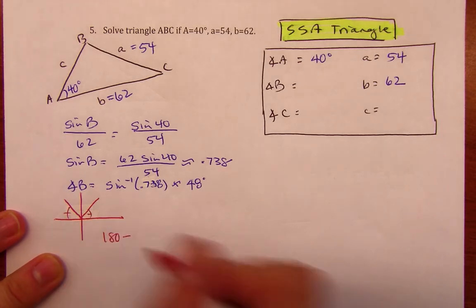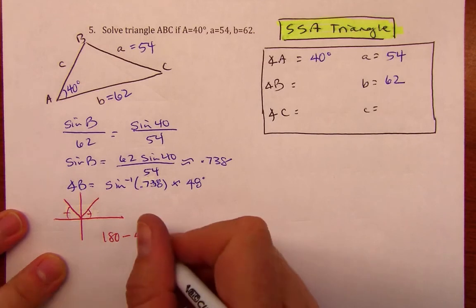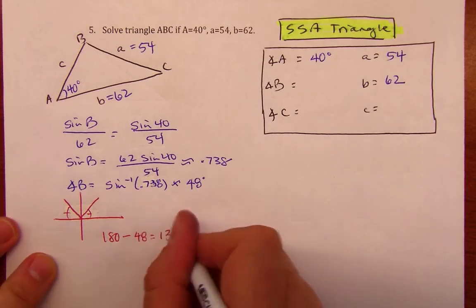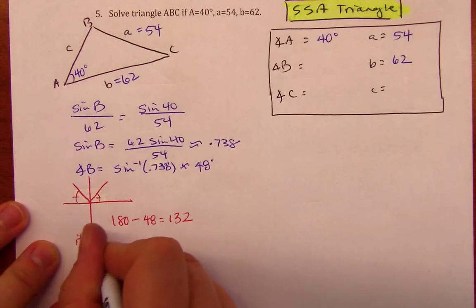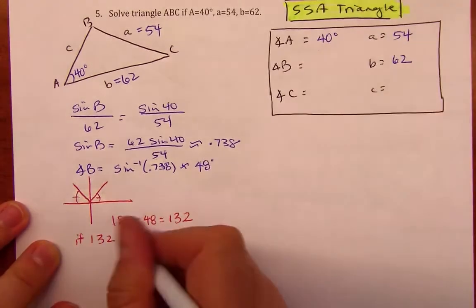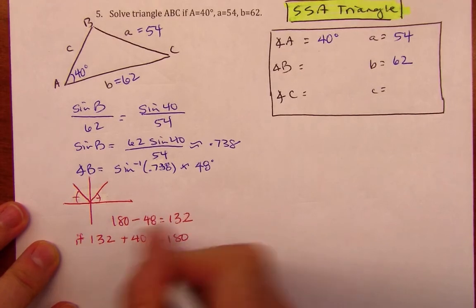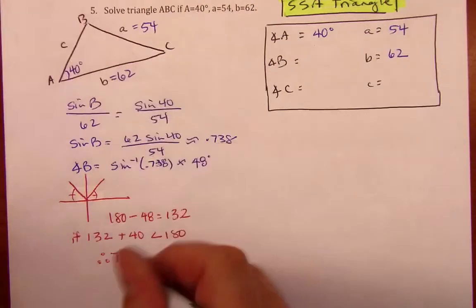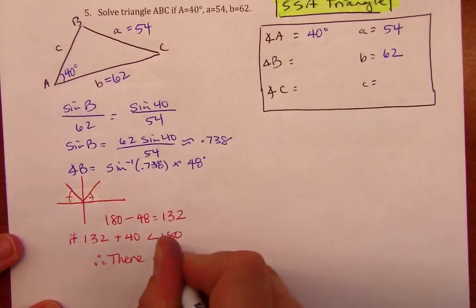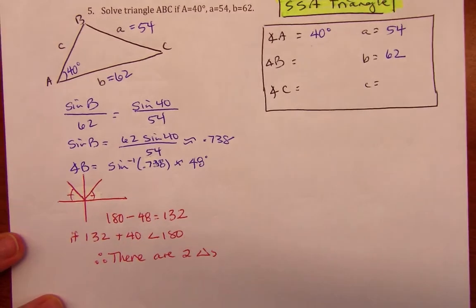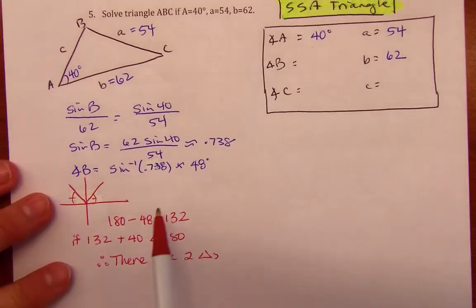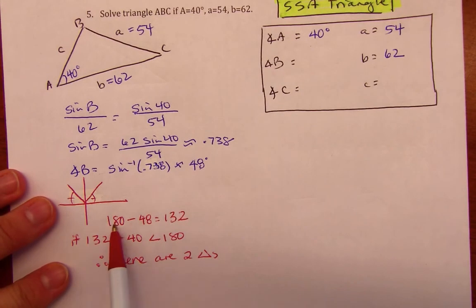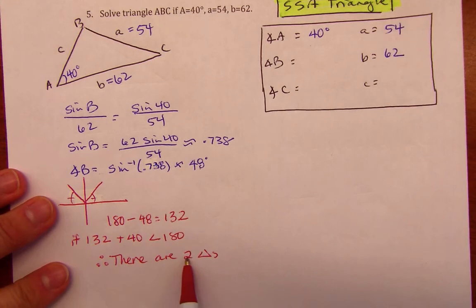So 180 minus 48 gives me 132. Now if 132 plus my original angle 40 is less than 180, then there exist two triangles. Okay, so let's go through those steps again. We found angle B, then we did 180 minus angle B, and if that new angle plus our other angle is less than 180, that means there are two triangles.